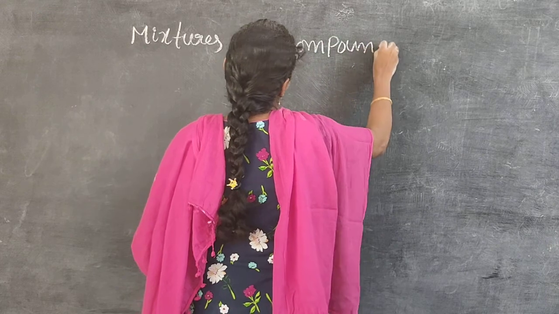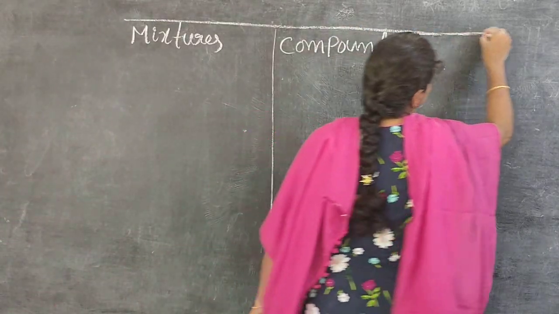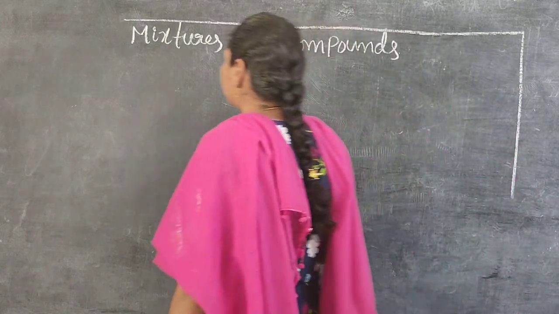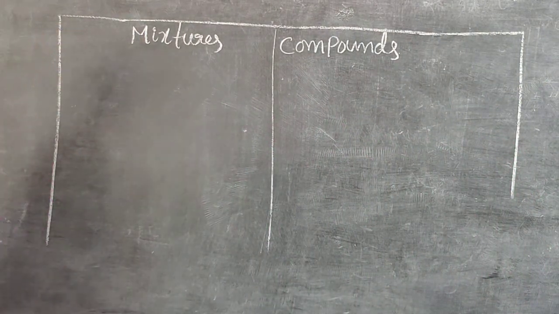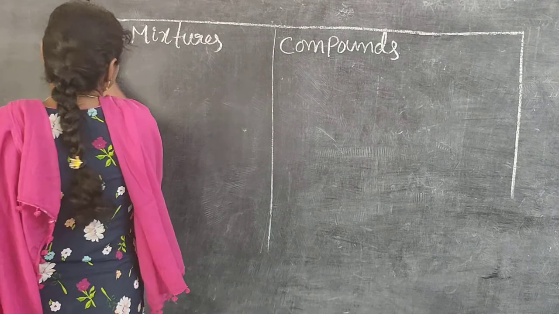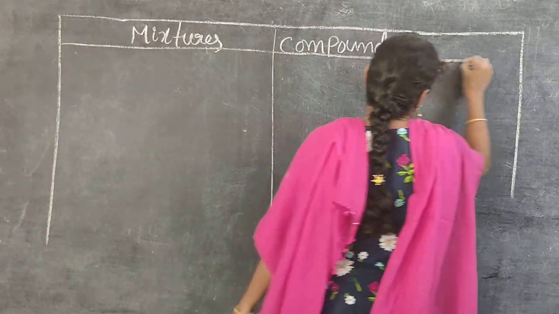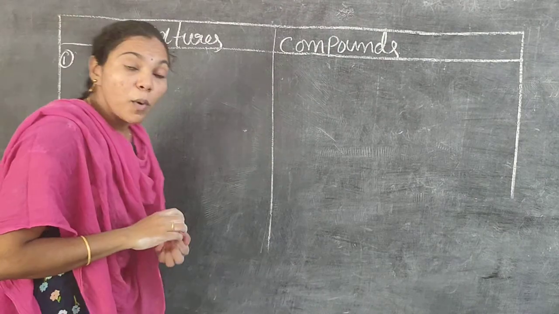How can we recognize whether it is a mixture or a compound? Our first point is about mixtures. What is a mixture?